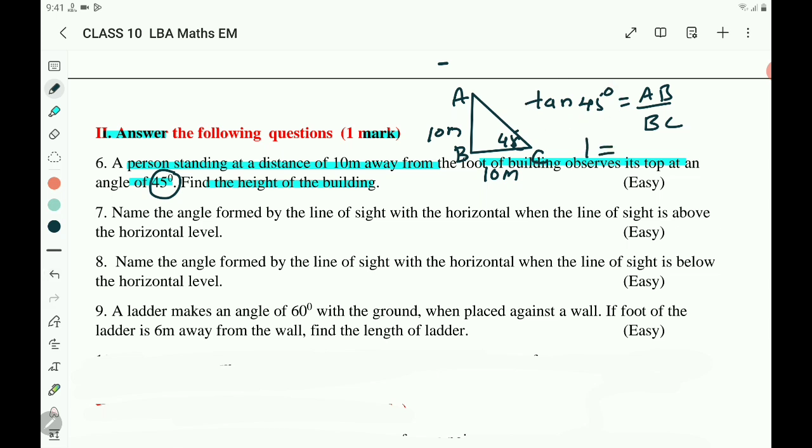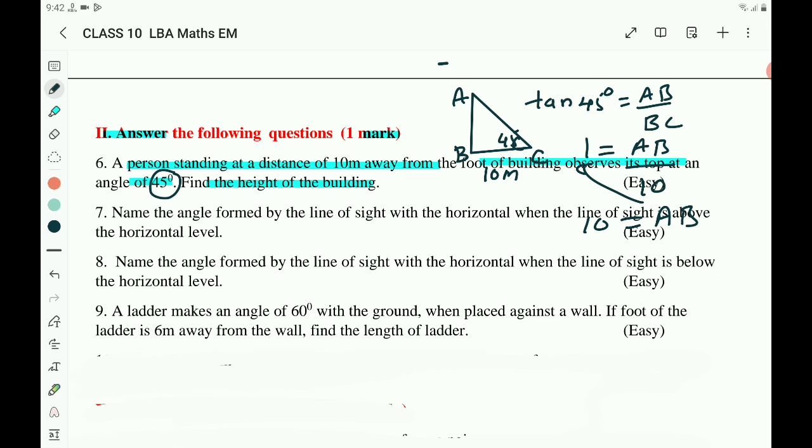AB is to be find out. AB by BC, BC is 10. Then do the cross multiplication. 10 equals AB, that is AB equals 10 meter. So what is the height of the building? Height of the building is 10 meter.